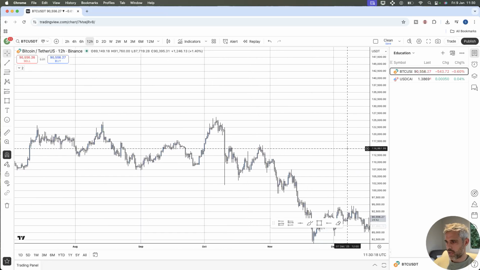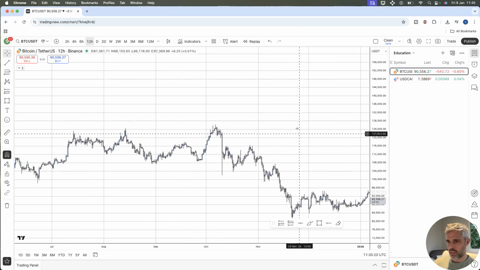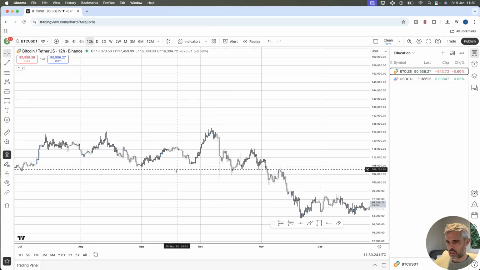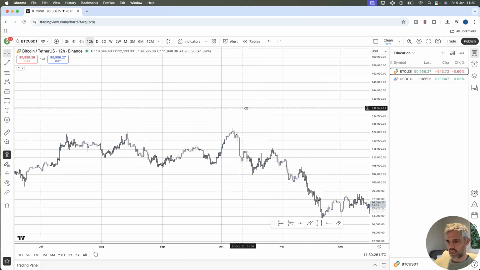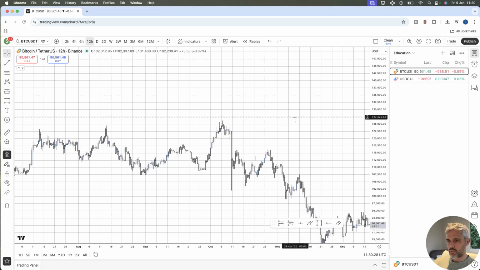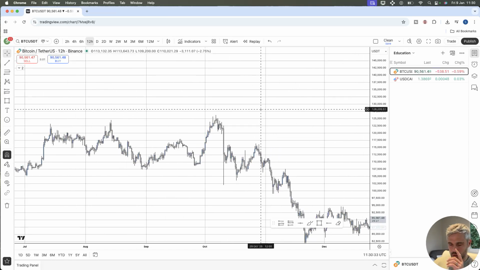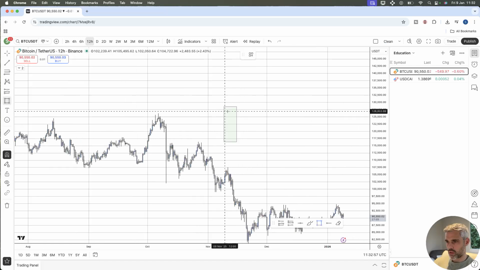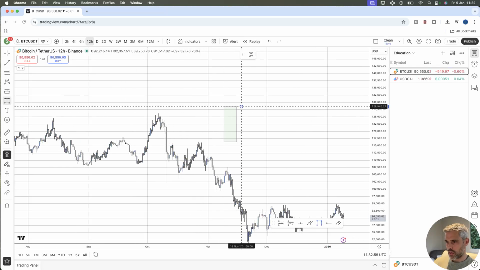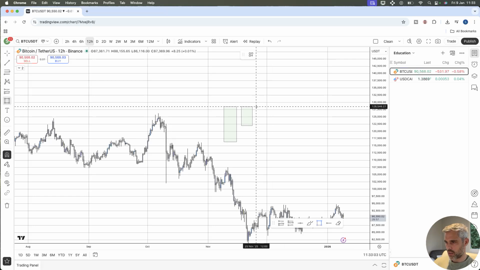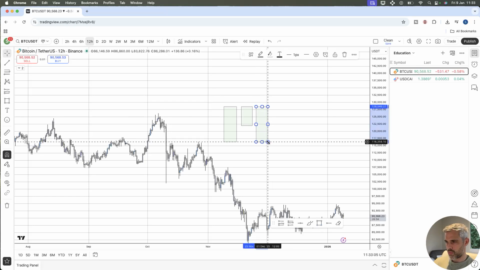So here we are now just navigating down onto the 12-hour chart. So without drawing on any market structure, any order blocks, any liquidity, I'm just going to bring up some higher time frame candles. But actually, before I do, which is essentially trading candle ranges, because this is going to make the next example make a lot more sense.